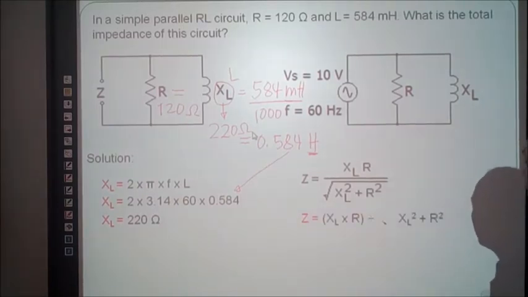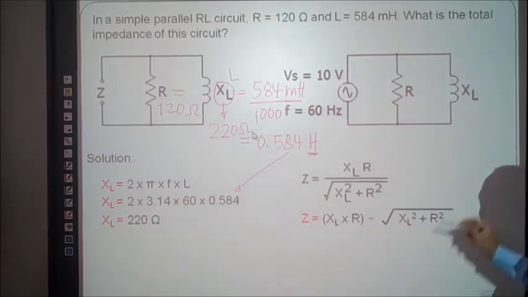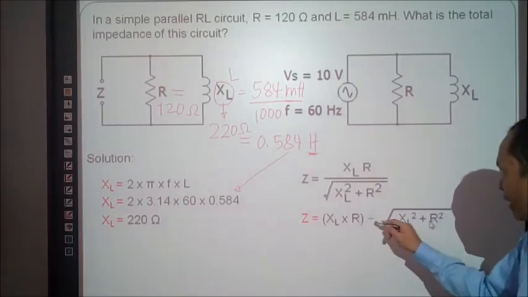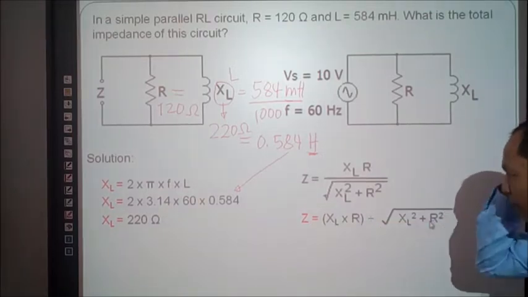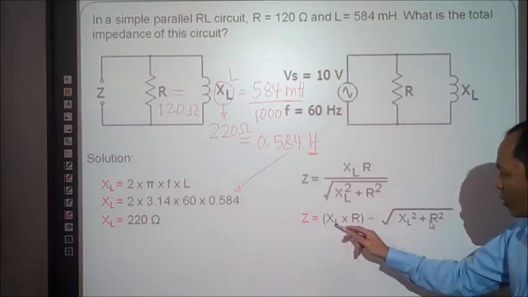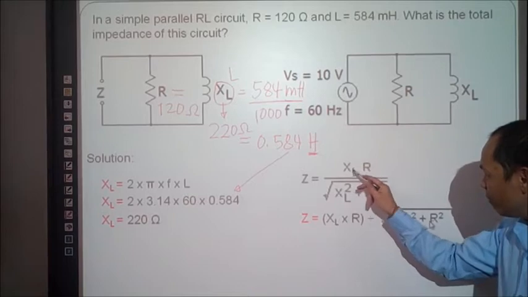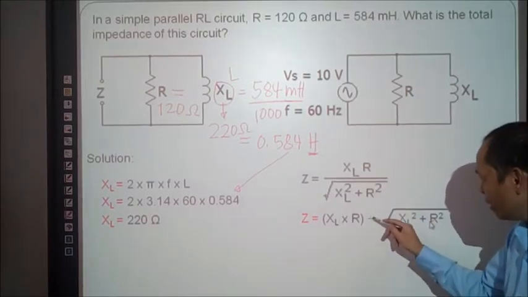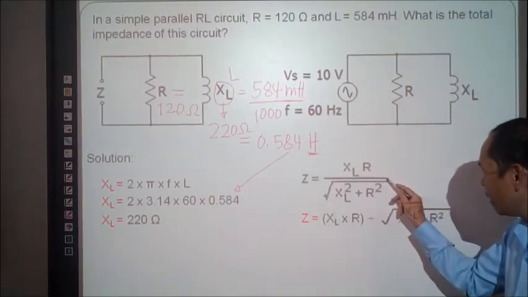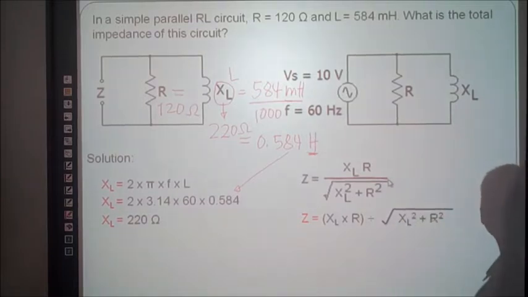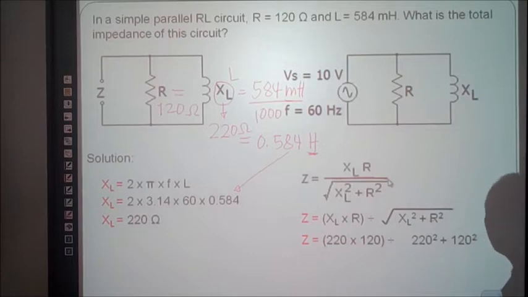Then divided by the square root of XL squared plus R squared. By the way, guys, this one and this one is the same. I just write it like this so that you will understand. So substitute the value of XL times R, divided by the square root of XL squared plus R squared.